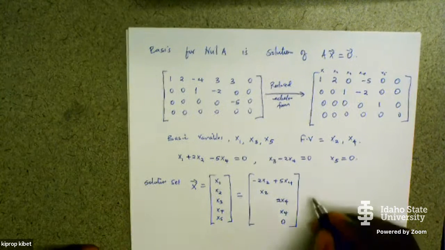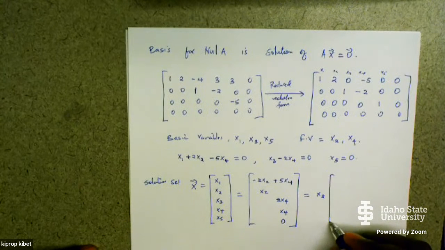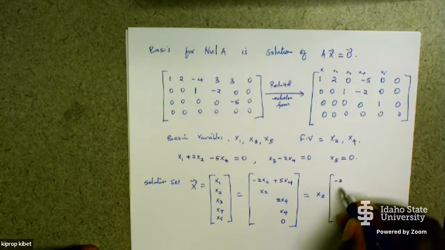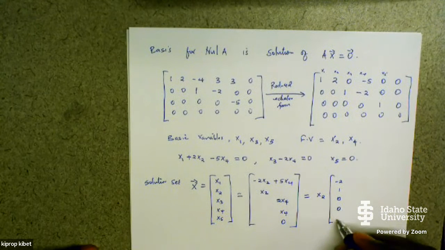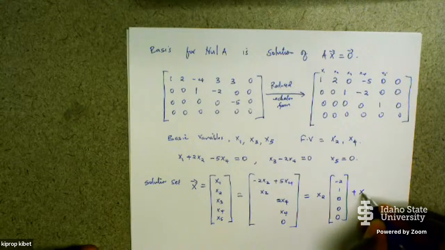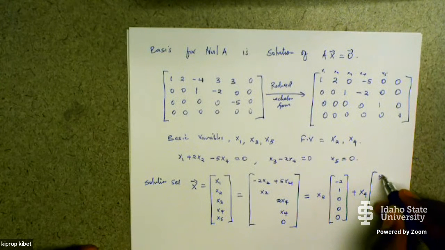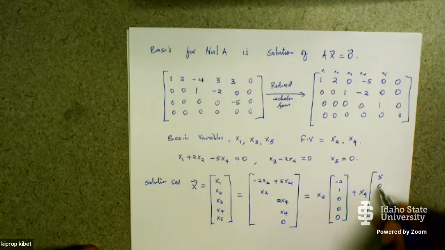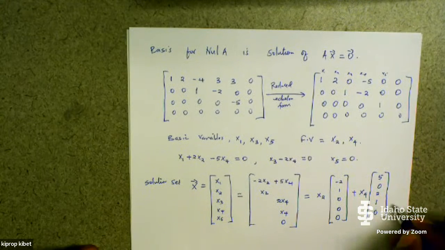So finally, this equals x2 times (minus 2, 1, 0, 0, 0) plus x4 times (5, 0, 2, 1, 0).